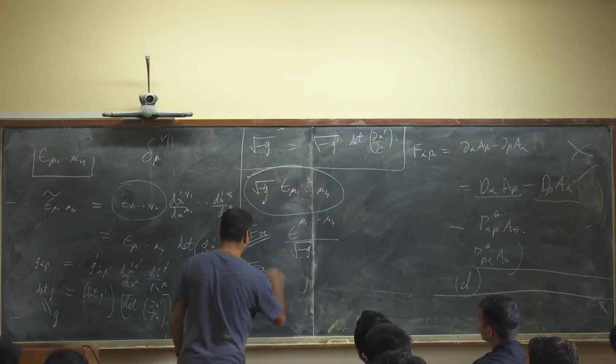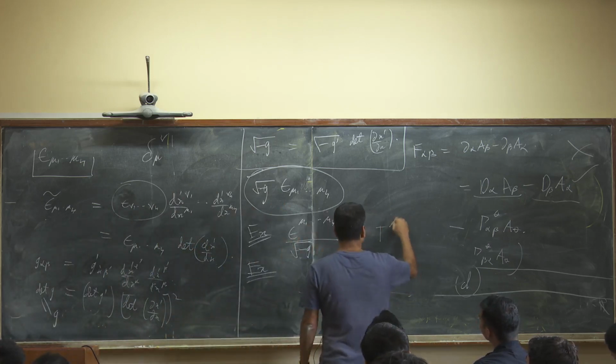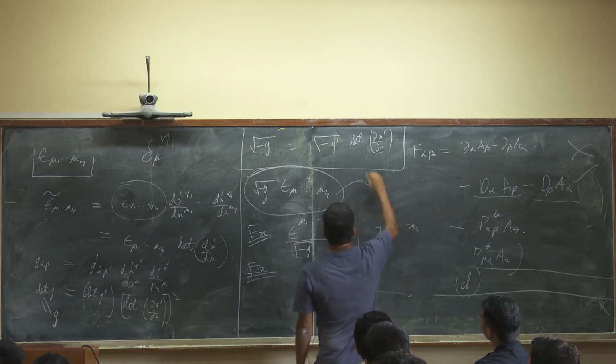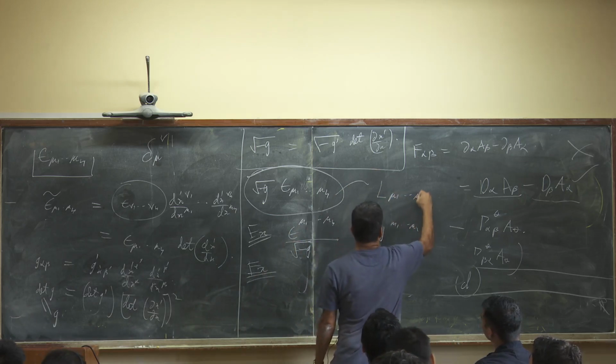Exercise. Suppose I call this tensor T with upper mu1 to mu4, and this one lower mu1 to mu4.